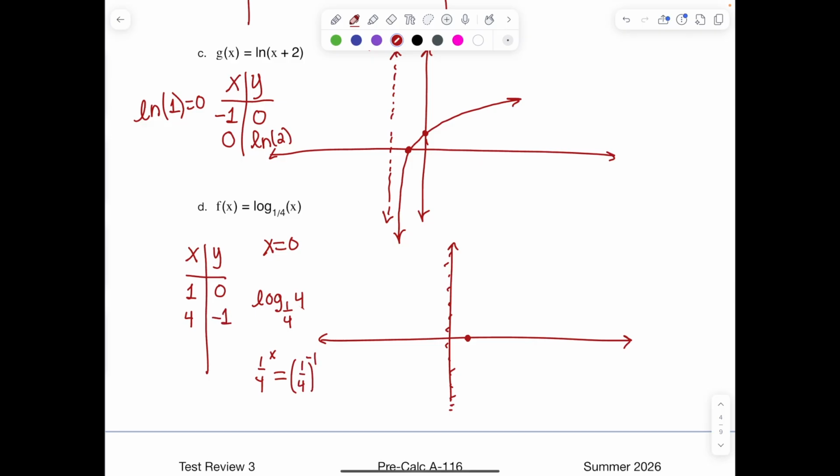So x is going to be negative 1. So (4, -1), something like this. So my graph should look something like this as I get closer to 0, right? Because 1/4 will give me 1, plugging in 1/4, so that's going to be something over here. So it should look like that.